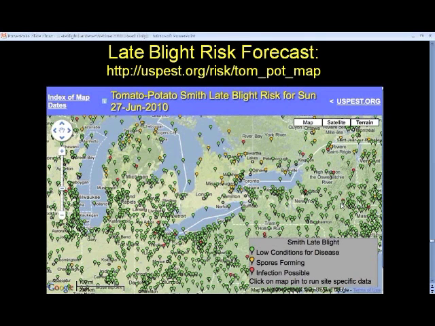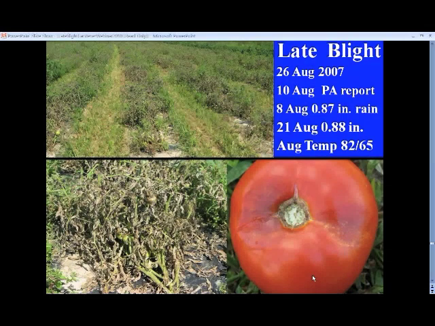There's some other more local ones that are out there. But this one is using various weather sites that are located around the Northeast and predicting when conditions are low for disease, when spores might be forming, and when infection is possible. So that's an important site to look at. But realize it's not considering whether or not inoculum is present, only whether or not conditions are favorable. If the pathogen's not present, late blight's not going to occur.